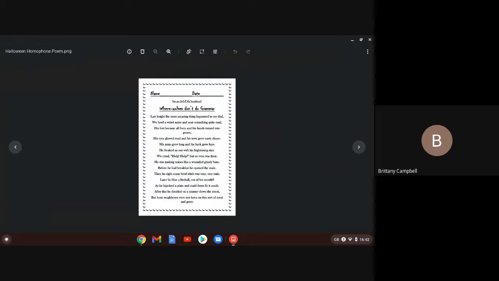We're going to do a quick writing: you are going to read through this and identify the homophones that are misspelled, the homophones that are not correctly inserted in the poem. You're going to insert the correct homophones wherever you see fit.